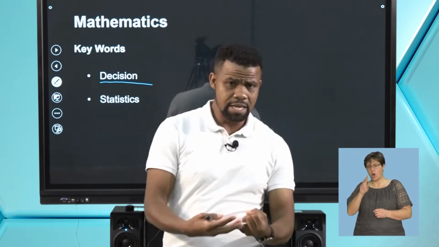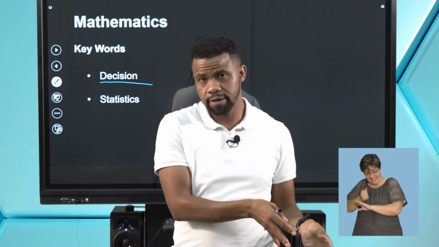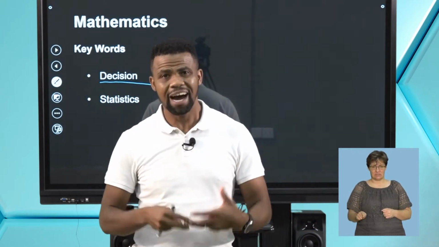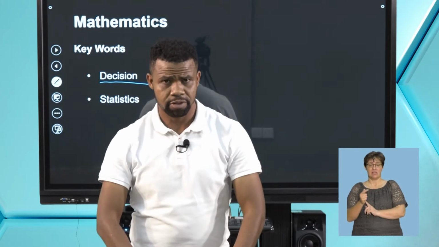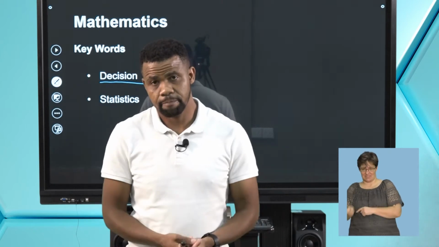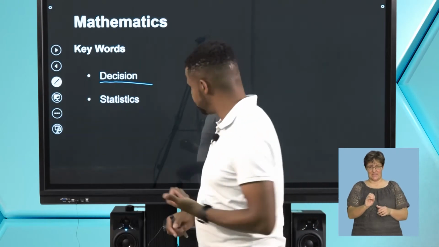But in statistics, when we make a decision, we look at mean, average, all those kinds of things, and arrive at some conclusion based on that. That's another form of making decision. Then, what is statistics? Statistics is a study of analyzing data and representing data also. And from there, we still arrive at a conclusion. It's the same as decision, but made using statistics and data. So the two are related in a way.